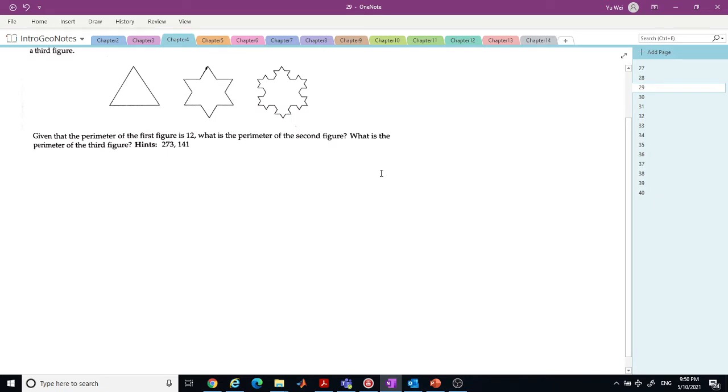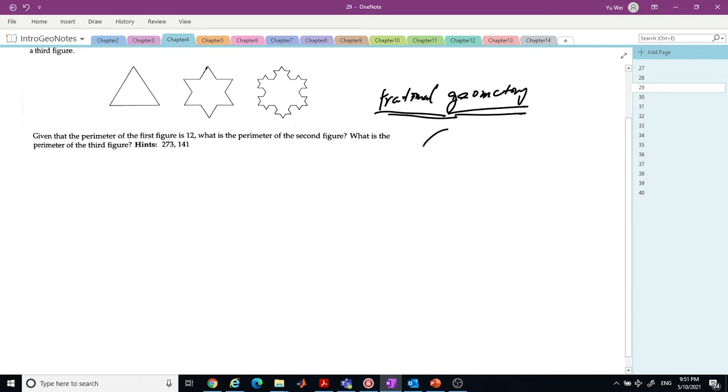Okay, this one is related to what's called fractal geometry, 中文叫做分形几何. That means through a repeating pattern, the perimeter becomes bigger and bigger.